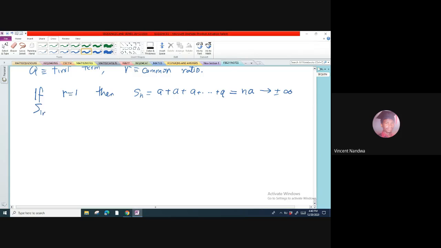Now, since the limit as n approaches infinity of Sn does not exist, the geometric series diverges.